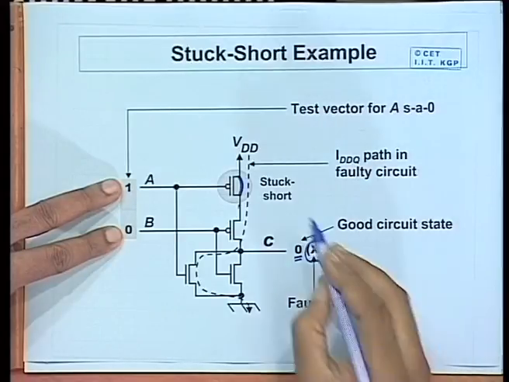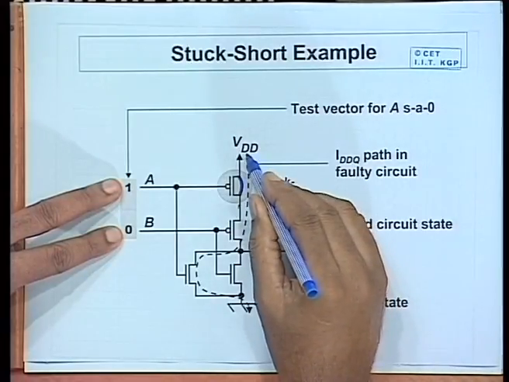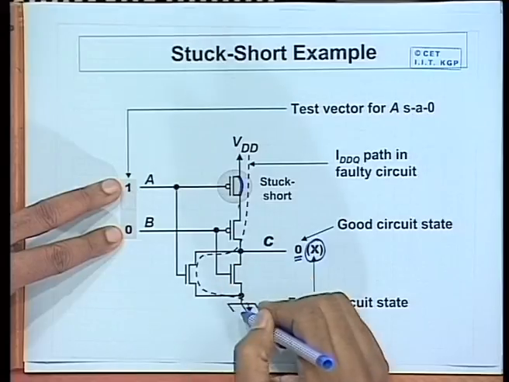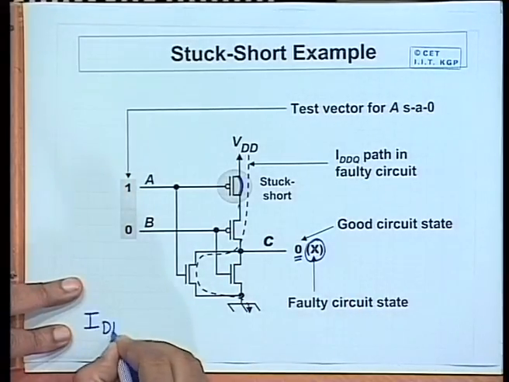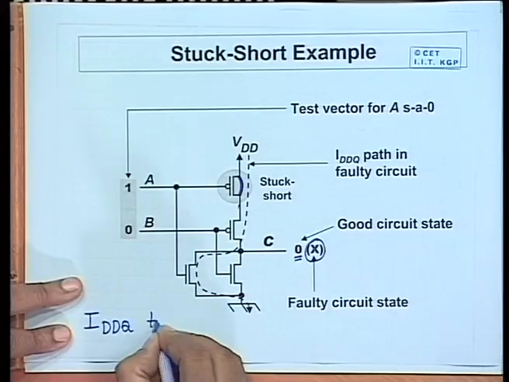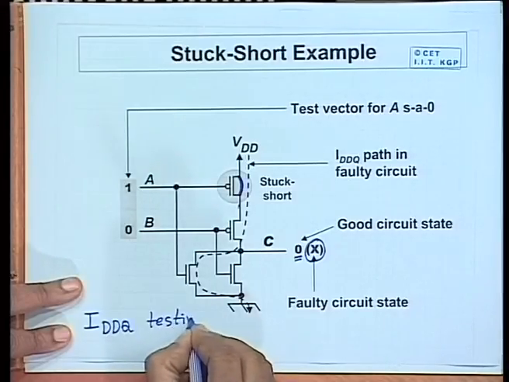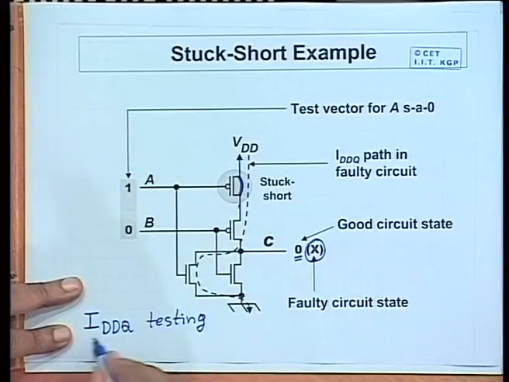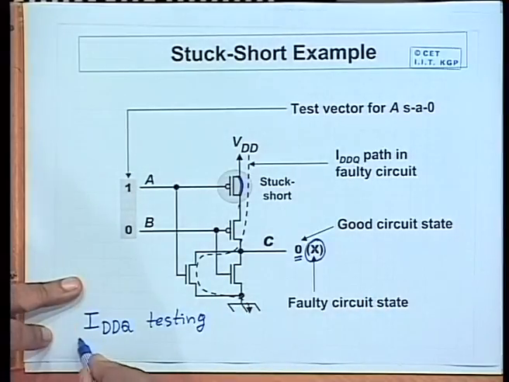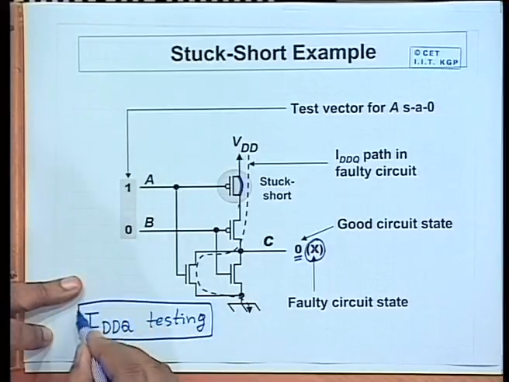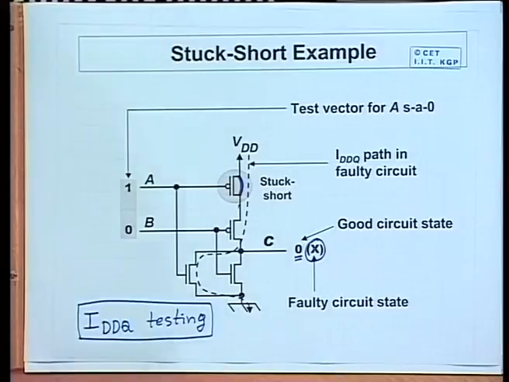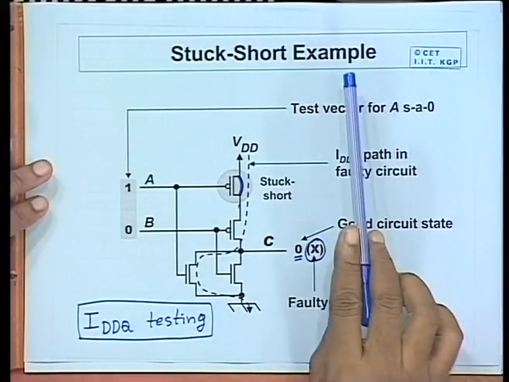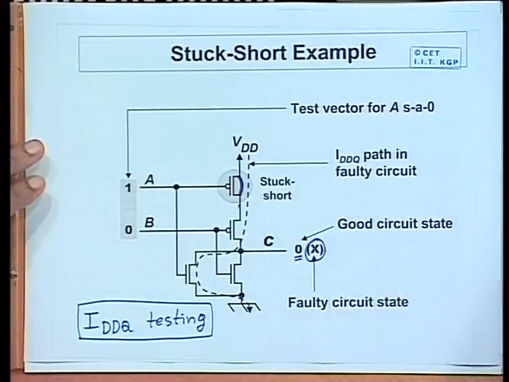Rather, here you will have to measure the current that flows from VDD to ground. This is sometimes called IDDQ testing. You are measuring the quiescent current from VDD to ground, this is IDDQ. So, IDDQ testing, or sensing this high current flow, is required for detecting such stuck short faults in MOS transistors. Okay.